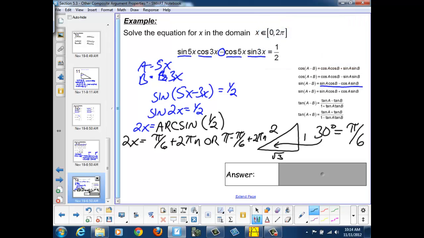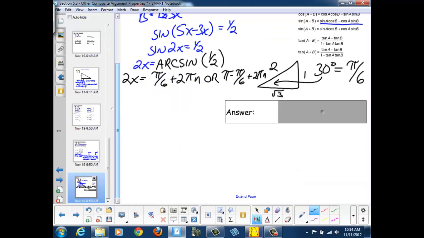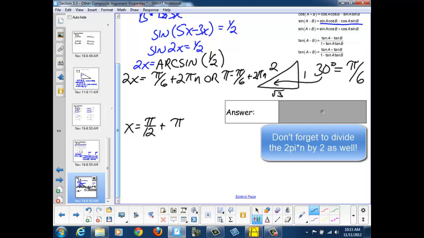Taking that to the next step would give us 2x. If I divide this first expression by 2, I get x is equal to pi over 12 plus pi n. I'm going to divide by 2.